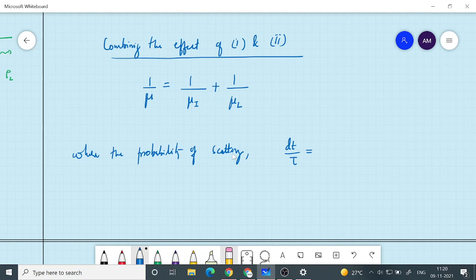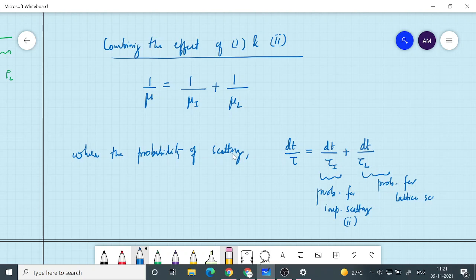So you can write it as dt by tau I, that is the probability for impurity scattering, that is mechanism 2, plus dt by tau L, the probability for lattice or phonon scattering, that is mechanism 1. So from this we are getting this formula.